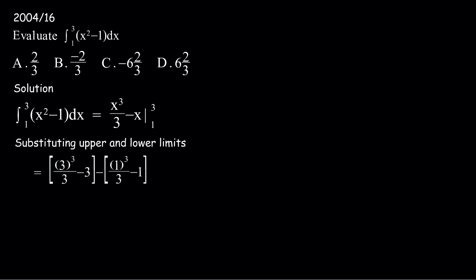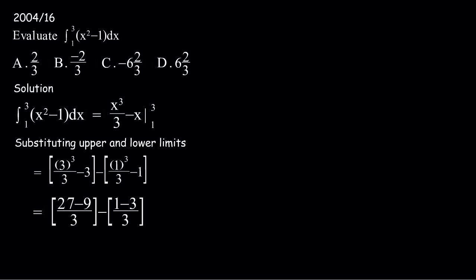Doing so, it will be equal to, in bracket, 3 raised to the power of 3 divided by 3 minus 3, minus, in bracket, 1 to the power of 3 divided by 3 minus 1. Now simplifying both brackets, it becomes 27 minus 9 divided by 3 in bracket, minus 1 minus 3 divided by 3 in brackets.